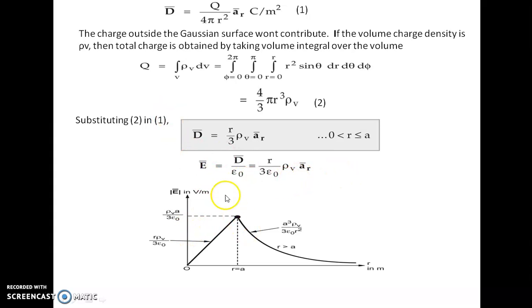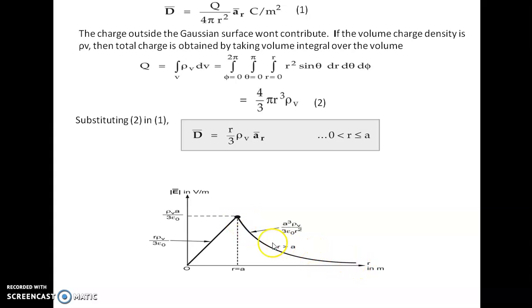Now if you see the variation of the electric field intensity with respect to the radius of the Gaussian surface, from the center until the radius of the Gaussian surface is equal to the radius of the sphere, the electric field intensity increases linearly. Once it reaches the outer surface, it starts to decay.